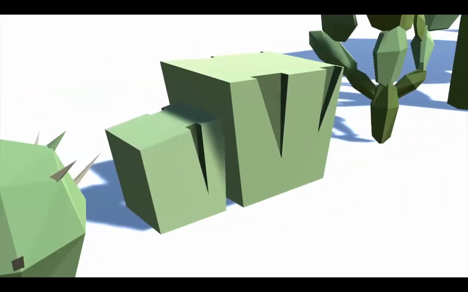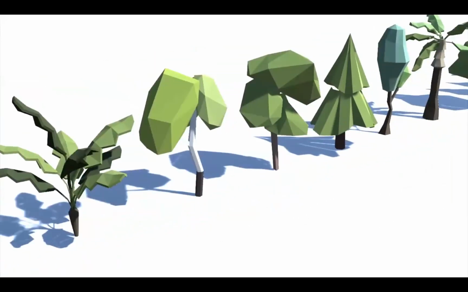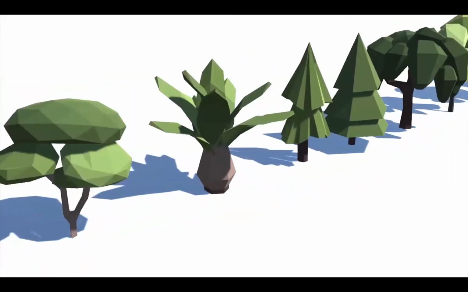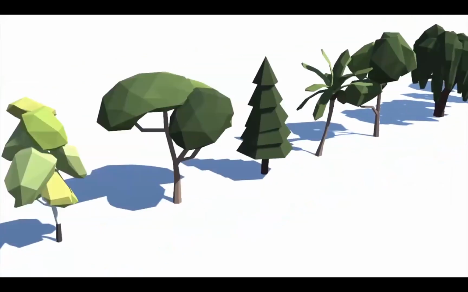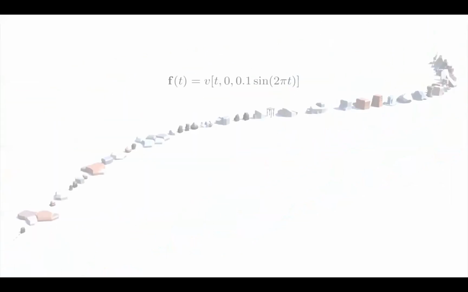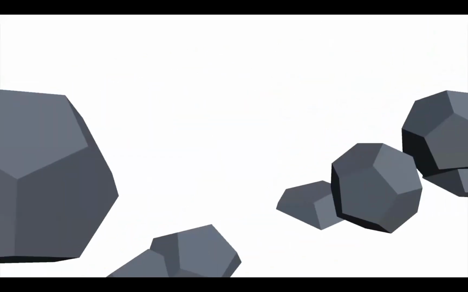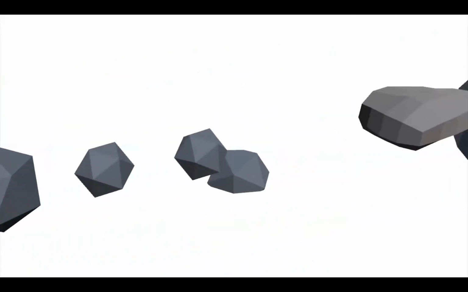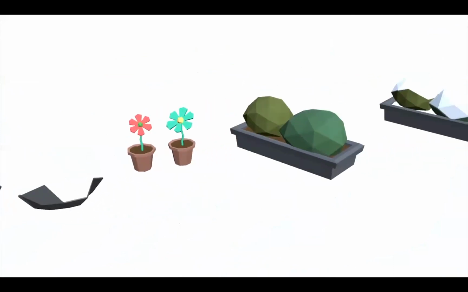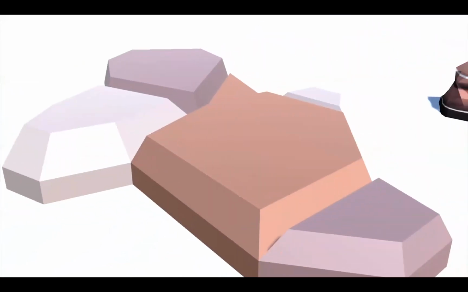This video shows a size comparison animation synthesized for 55 virtual tree models whose parametric equation is a line function. This video shows a size comparison animation synthesized for 76 virtual stone models whose parametric equation is a sine function.